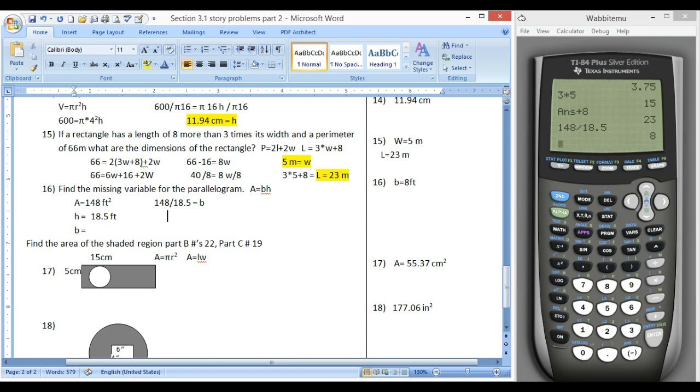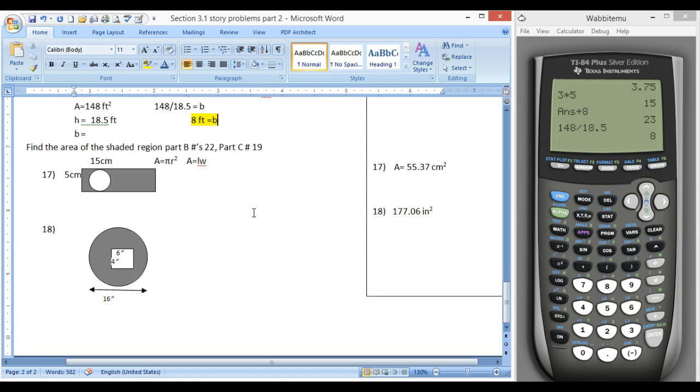So the answer is 8 equals B, and I do need a unit, and this was given to me in feet, so this is 8 feet, and that was the missing variable. The base of this parallelogram is 8 feet.